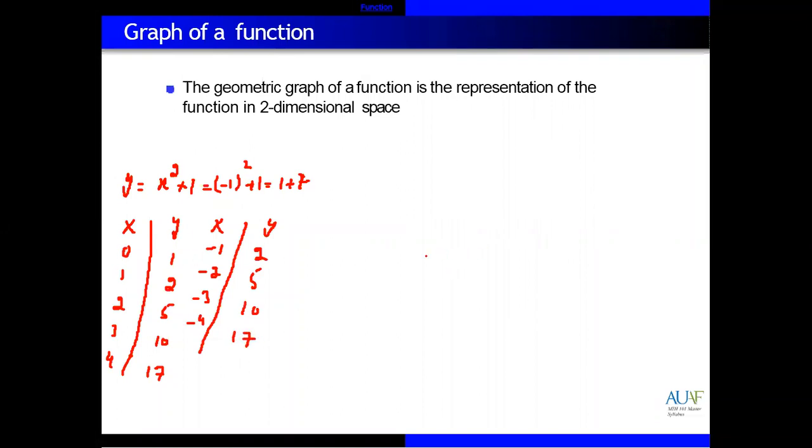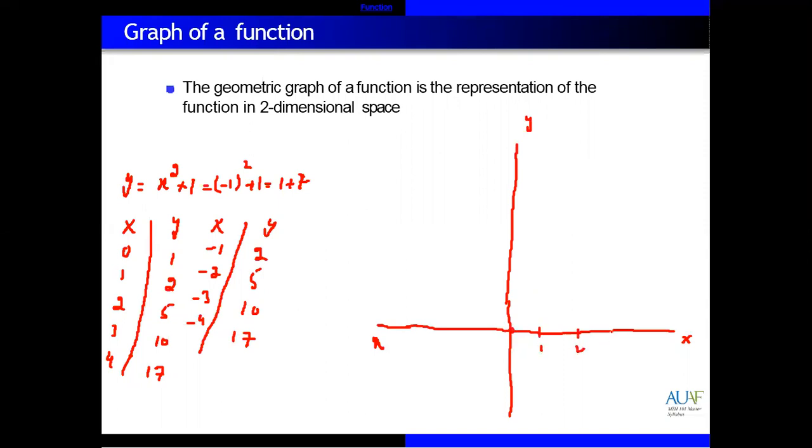So now we need to draw graph of this function. How we can draw graph? On the xy plane, this one is x axis, same draw y axis, this one is y axis. Give values starting from 0, then we have 1, then we have 2, 3, 4.